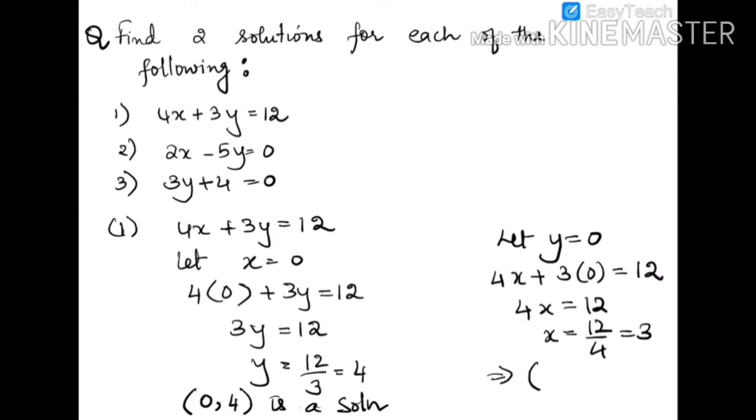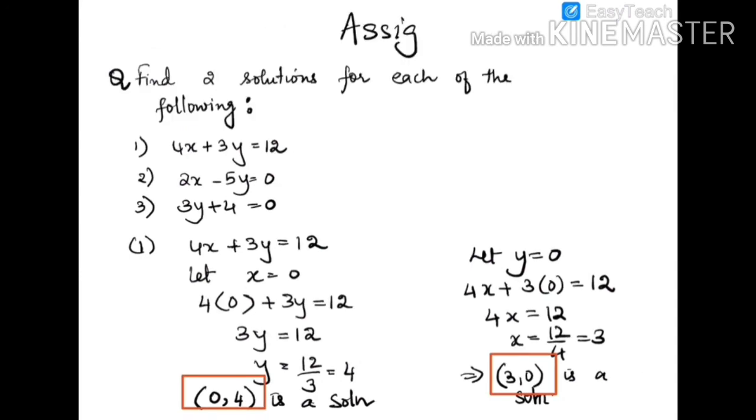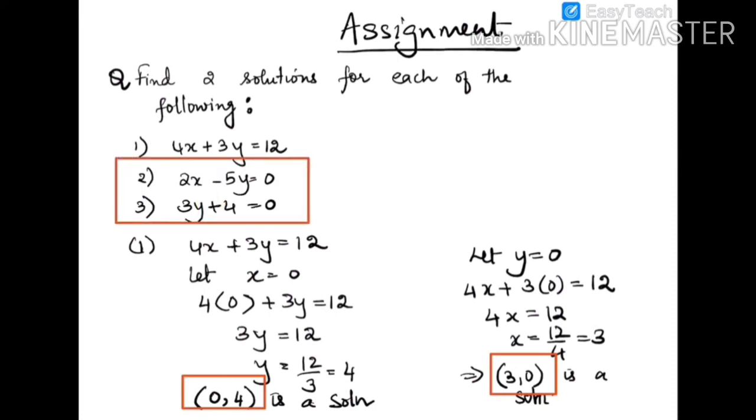So this implies 3 comma 0 is a solution. So we have found two solutions of this equation. In the same manner, you have to find the solution of the other two equations. So your assignment for today is to find two solutions for second and third equation.